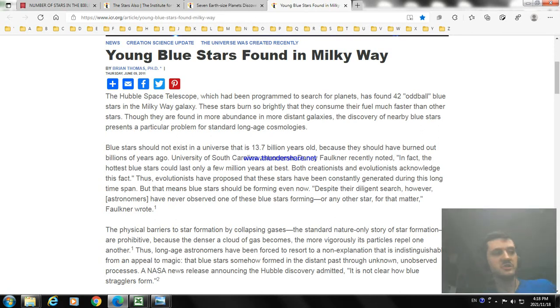Well, the biggest red giant star is called UY Scuti.